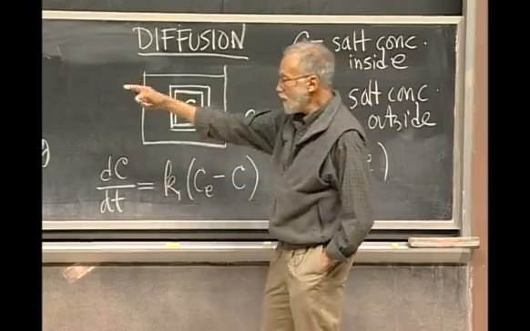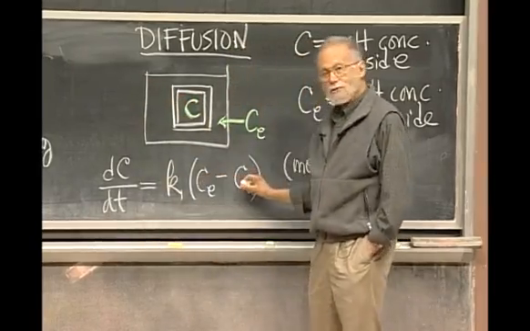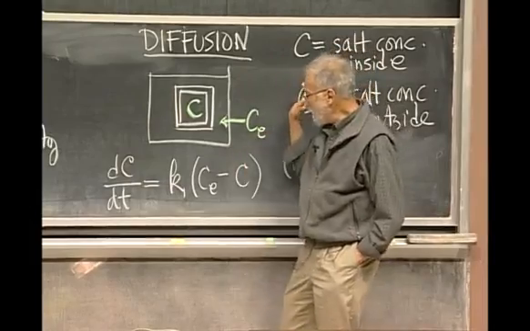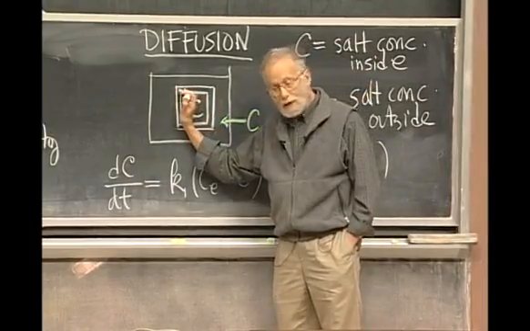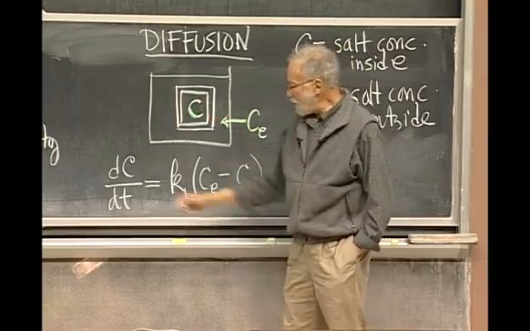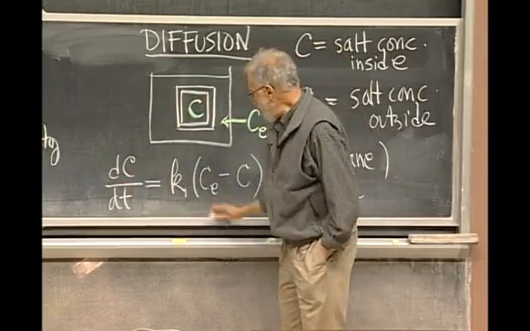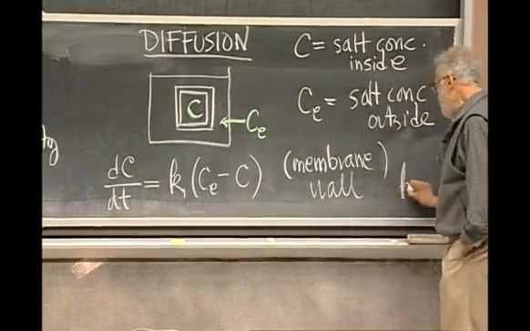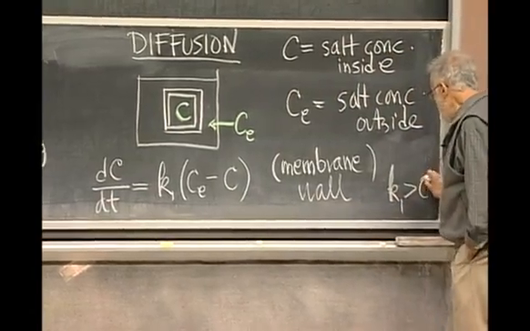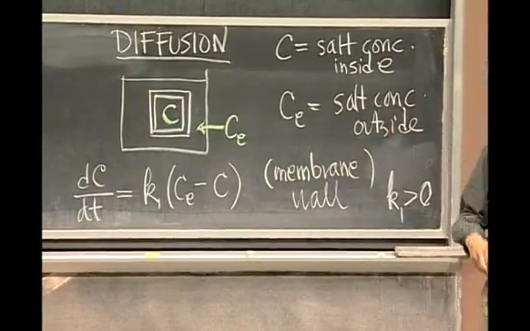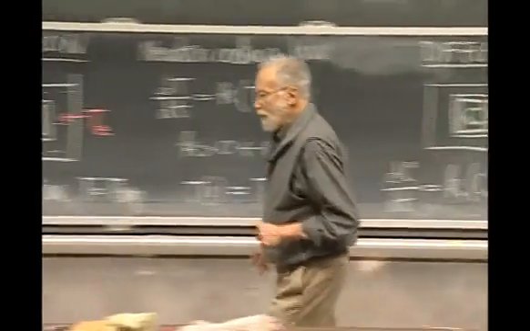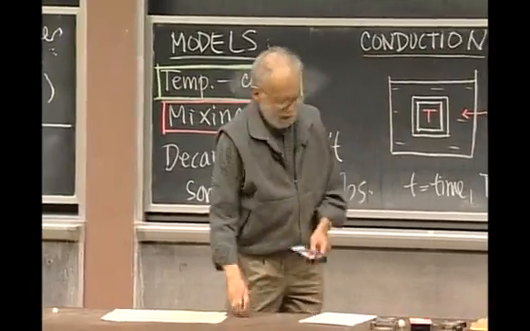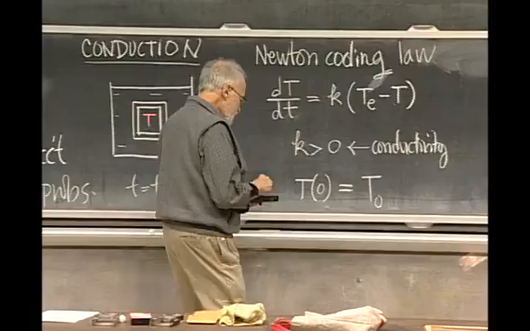And for the same reason as before, if the external concentration is bigger than the internal concentration, we expect salt to flow in. That will make C rise. It will make this positive, and therefore we want K to be positive, just K1 to be positive for the same reason it had to be positive before. So in each case, the model that I'm talking about is the differential equation.